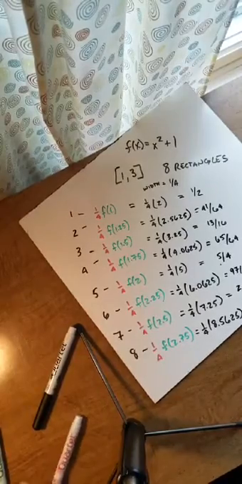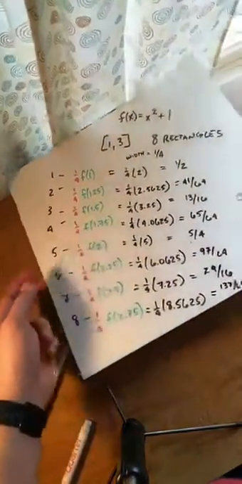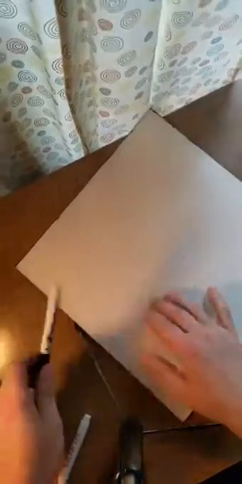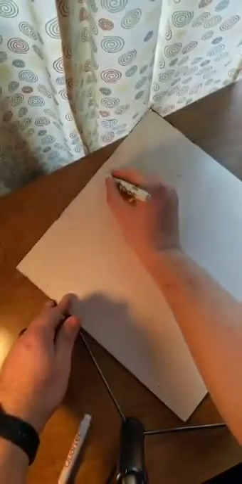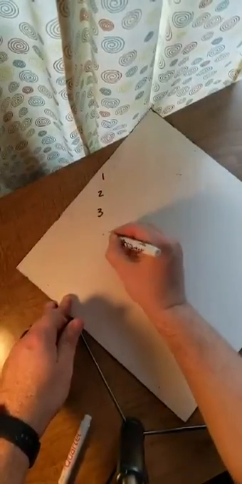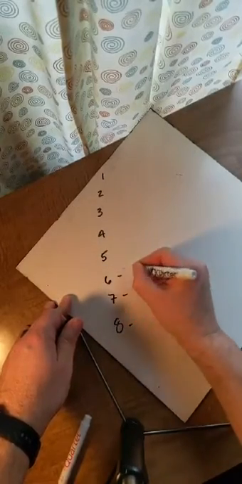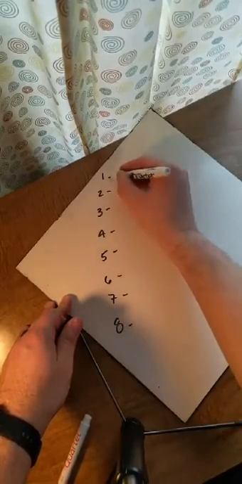Now the right bound, what we need to do is make our list. Now I'm going to keep that left bound list because that's going to help me out with the right bound list. So the right bound list, we still got 8 rectangles: 1, 2, 3, 4, 5, 6, 7, 8. They're all 1/4.